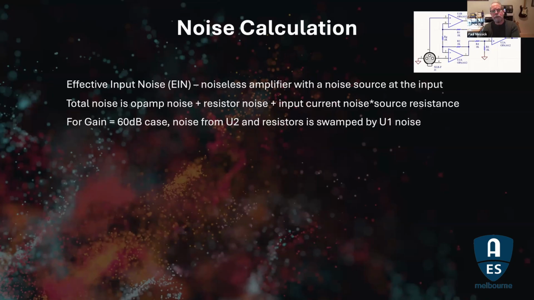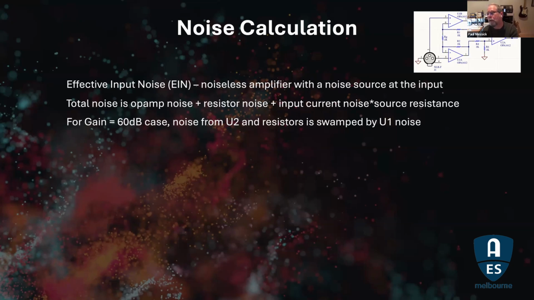So when you set the gain up to 60 dB, what you realize here is that the noise from U2, the summing amp, and all those resistors just gets completely swamped by whatever noise you've got from the input op amps, U1 A and B. So we can effectively just ignore all that other stuff for the 60 dB gain case.